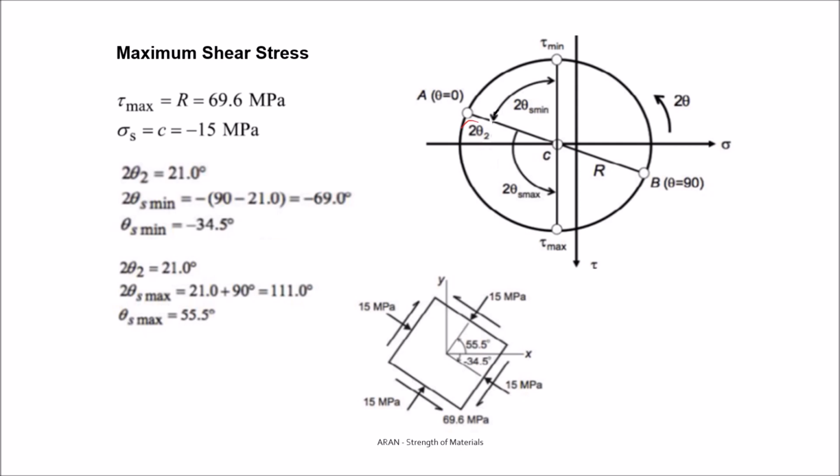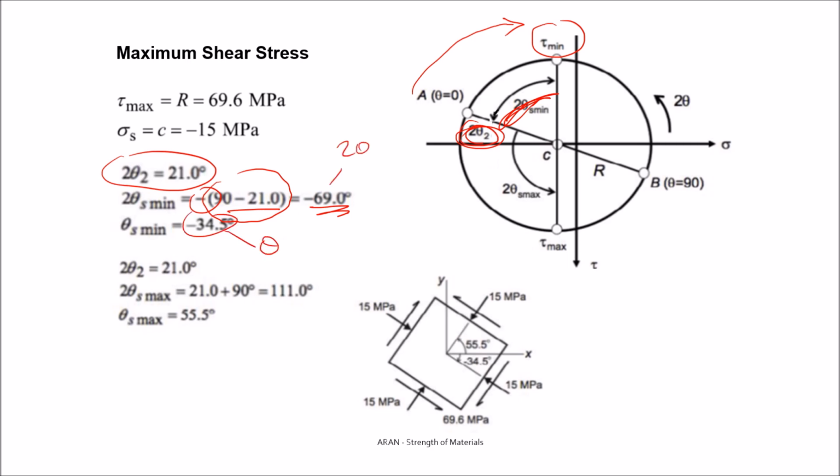I know that 2 theta 2 is 21. So to reach the minimum, I have to rotate the negative direction, and this is 90 minus 21. That's this angle. Its direction is negative, and that's 2 theta, and this is theta.